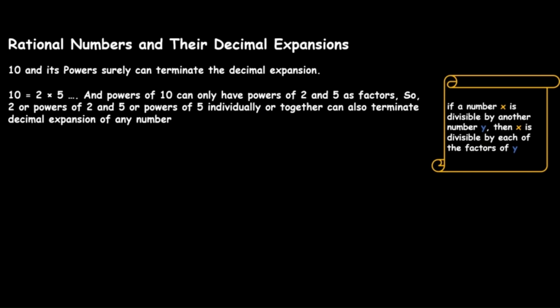Also, the powers of 10 will have only 2 and 5 as the prime factors. So as powers of 10 can terminate the decimal expansions, powers of 2 and powers of 5, either individually or together, should be able to terminate the decimal expansion of any integer or rational number.